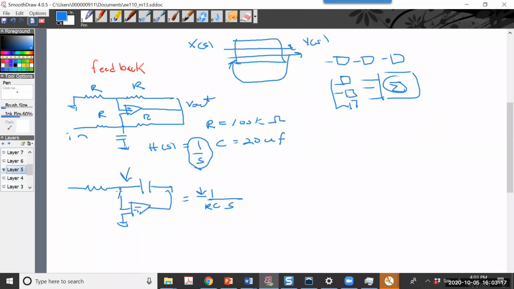All right. So when I'm using this 1 over S, it's really a minus 1 over RCS, right? But that's when I'm starting to build the circuit.